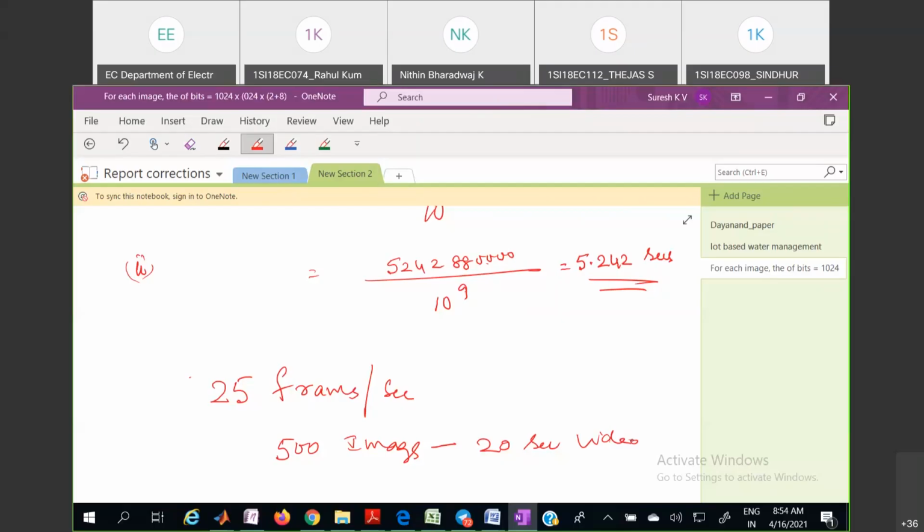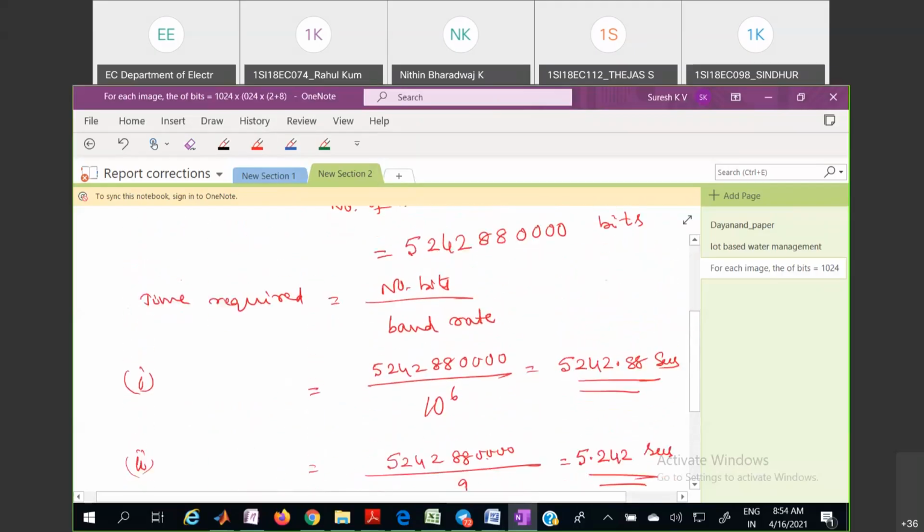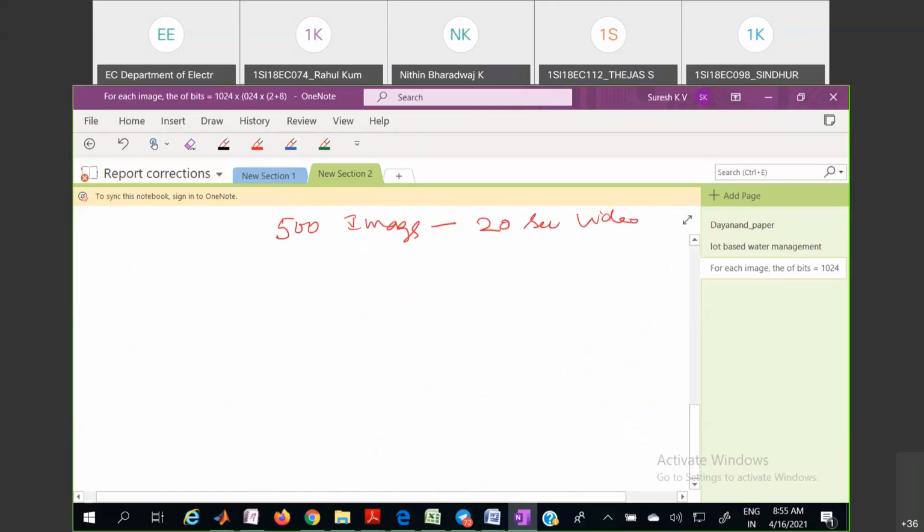Now imagine if I capture about a 2-minute video, what would be the size? You can just observe here. Let me take a different problem just for you to understand what would be the size.